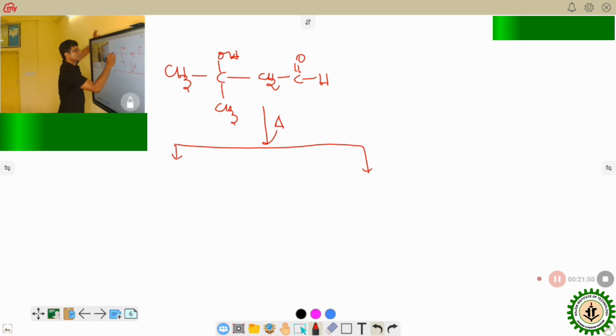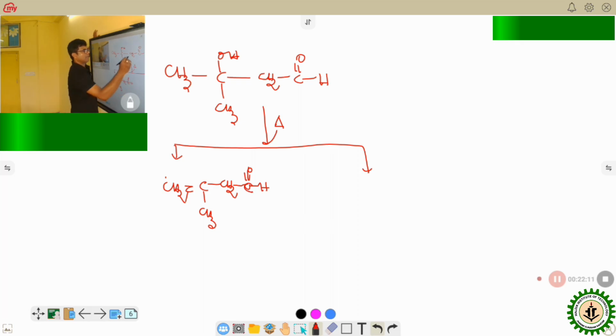From this, CH2 double bond C CH3, CH2 CHO, and from this side here also there is a chance of formation of this alpha beta unsaturated aldehyde.